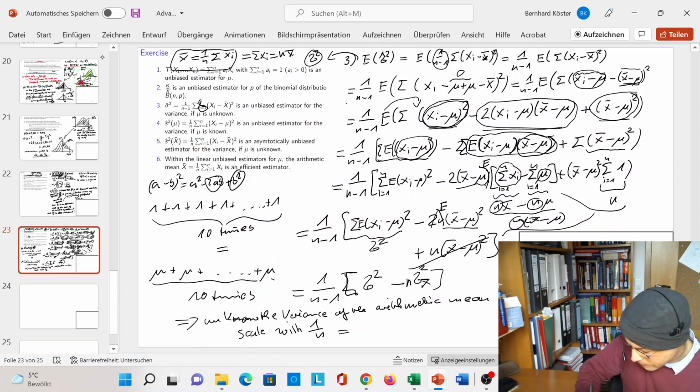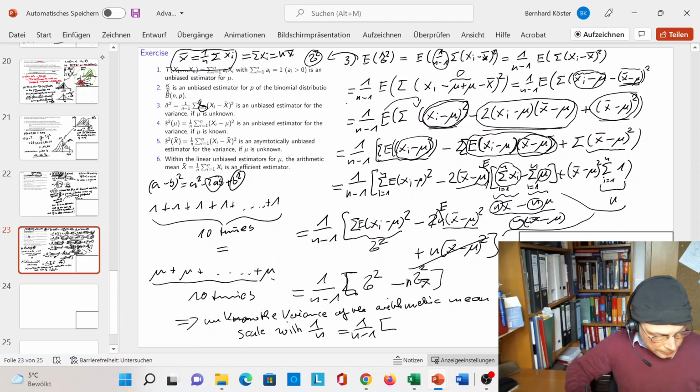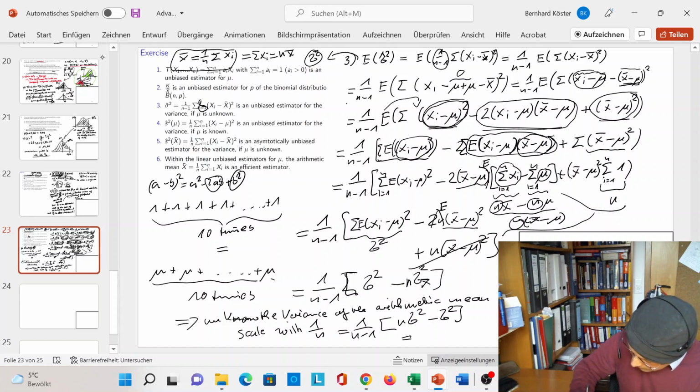So in the end, we obtain 1 over n minus 1 equals n times sigma squared minus sigma squared equals 1 over n minus 1, n minus 1 sigma squared.